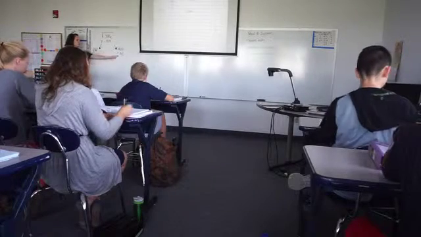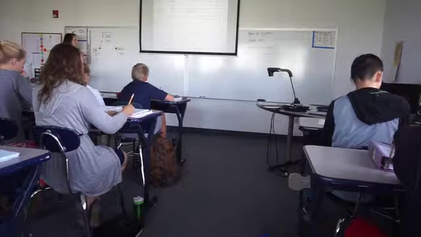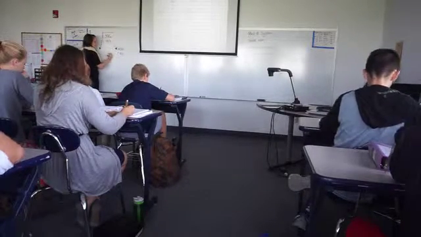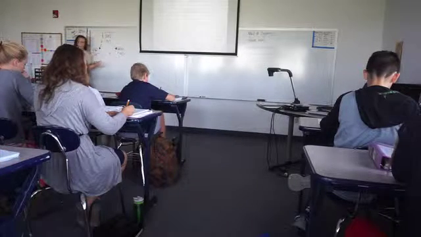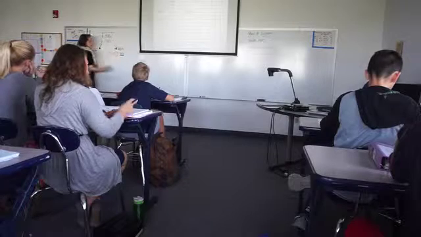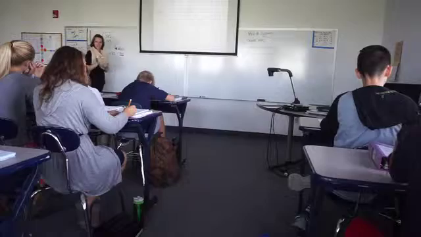Am I closer to 400 or am I closer to 361? 400. So my answer is going to be approximately what? 20, right? The answer is going to be the perfect square number. Making sense so far?